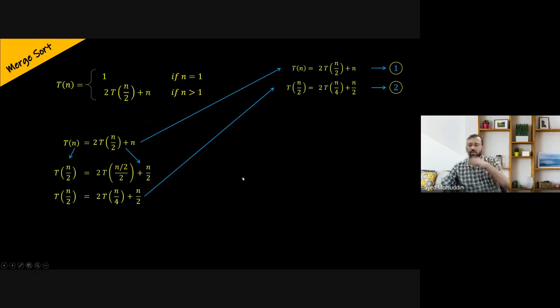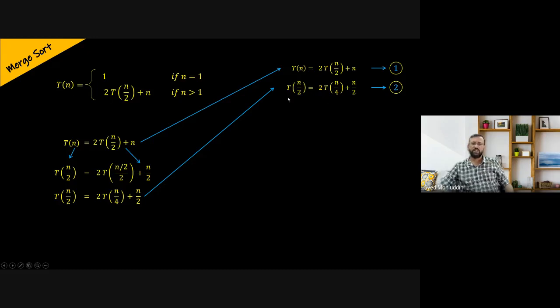Now we will quickly solve this recurrence relation because you've already seen in the earlier stage of binary search how to compute it. The only thing is we have 2 over here: 2T of n by 2. There we had only T of n by 2. So the first equation is the original equation itself.